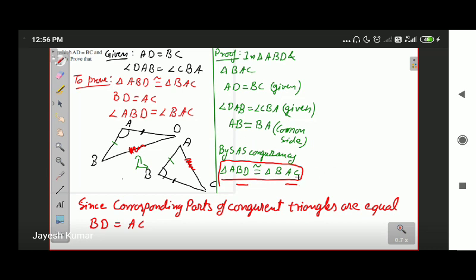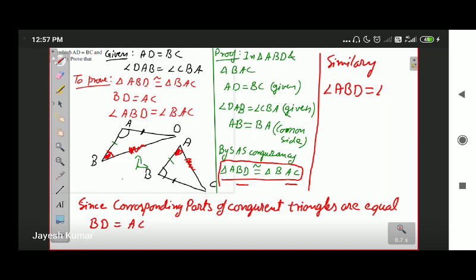In the same manner, similarly, angle ABD is this angle, and angle BAC is this angle. Both of these angles are also equal. Angle ABD is equal to angle BAC.